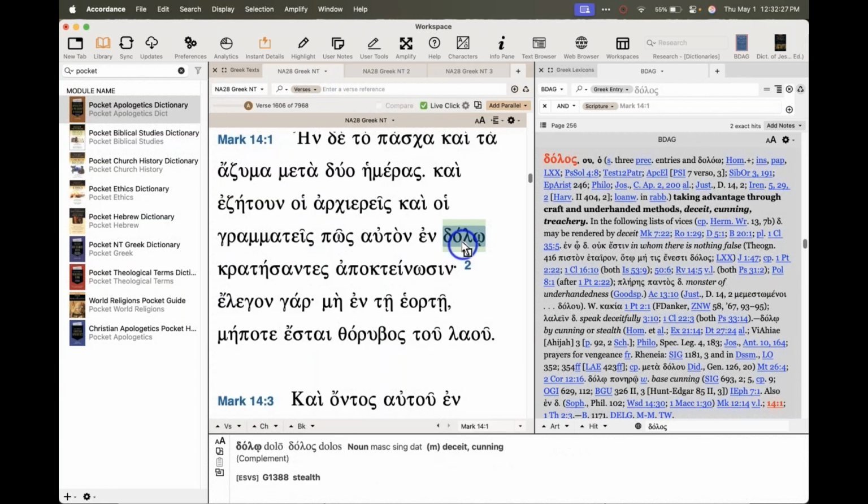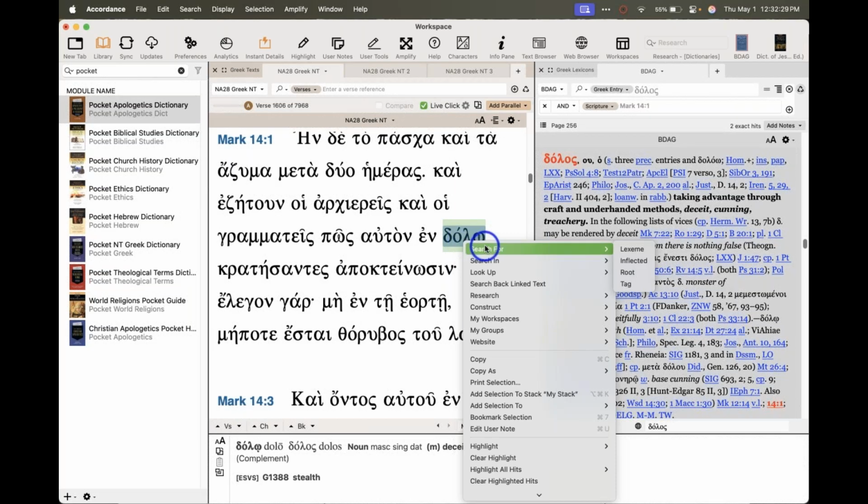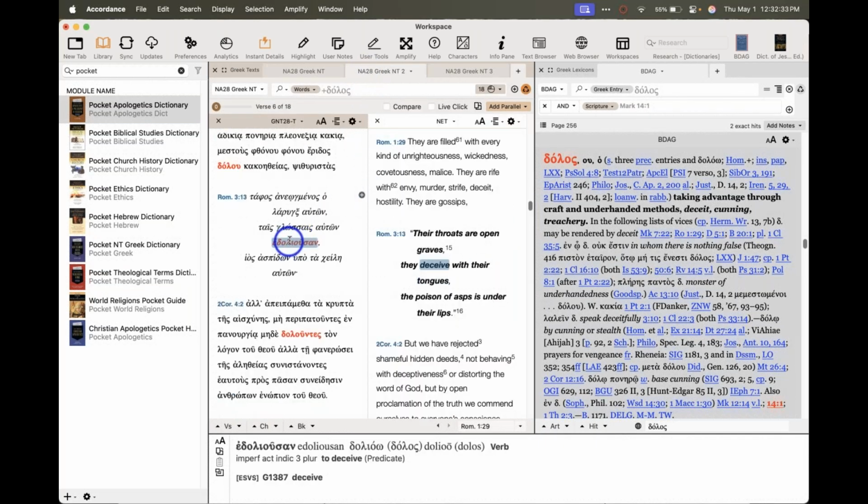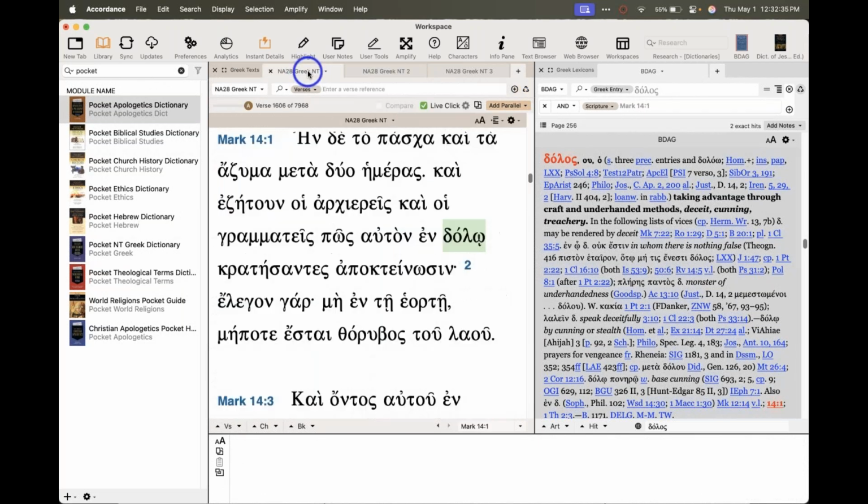I did that kind of quickly, but I right click, search for roots, and you can see that word here for deceive. So I would want to bring out deceit in some way, but it's kind of amazing how many words in English we have for deceit or stealth or treachery here, as BDAG gives us.